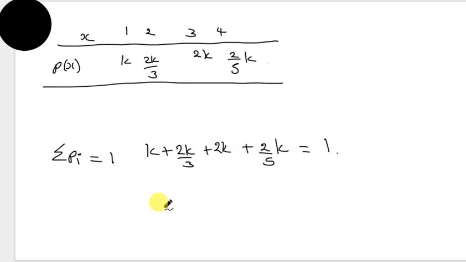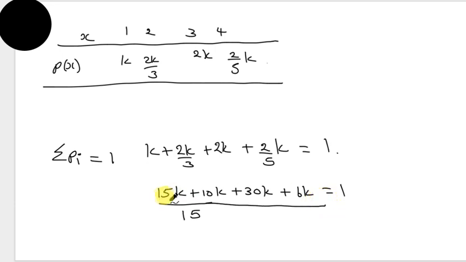Take the LCM. 3 and 5 are relatively prime, therefore it is 15. So I will have 15k plus 10k plus 30k plus 6k equal to 1. In other words, 15 plus 10 is 25, plus 30 is 55, plus 6 is 61. Therefore, k equals 15 divided by 61.